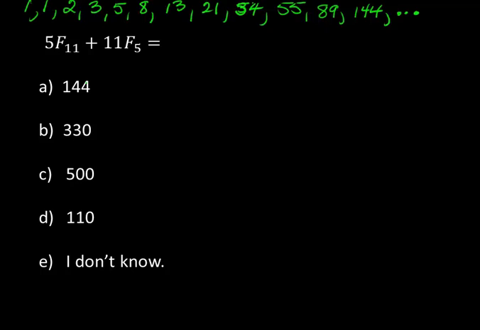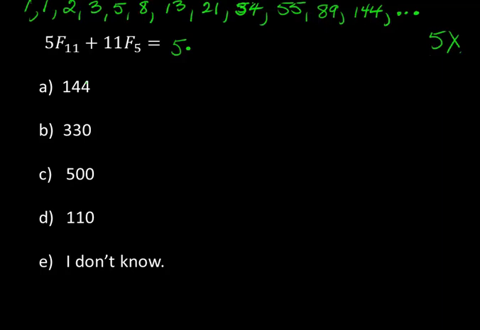Okay, so here we have 5 times the 11th Fibonacci plus 11 times the 5th Fibonacci. It's just like writing in high school, you wrote 5x, meaning 5 times x. If I write the 5 before the Fibonacci notation, it means 5 times F11 plus 11 times F5. So let's see, that will be 5 times, I use a dot for times instead of x's, F11.